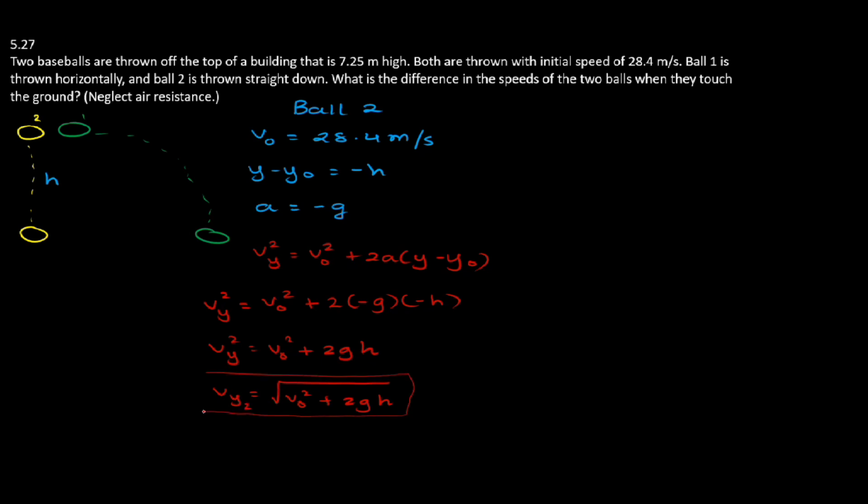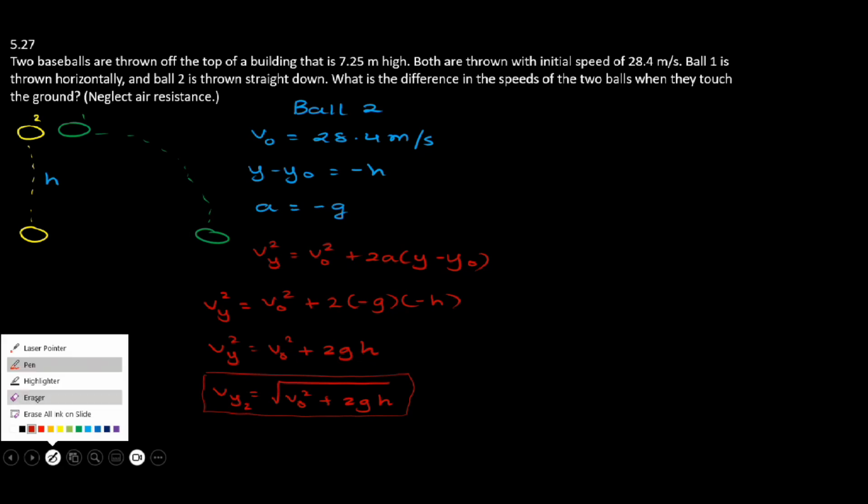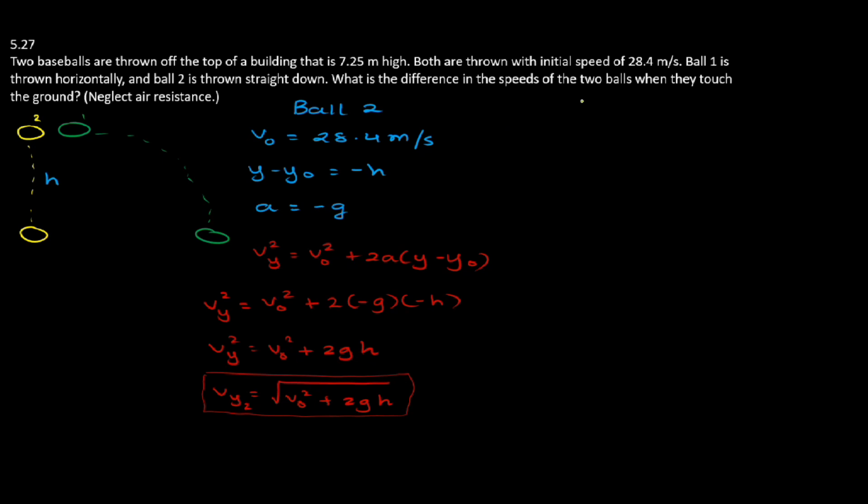Now let's find the same thing for ball 1. Ball 1 is projectile motion. So in projectile motion, we have two components of velocity, the x component and the y component. Since the ball was thrown horizontally, my initial speed for ball 1 will be just its x component.